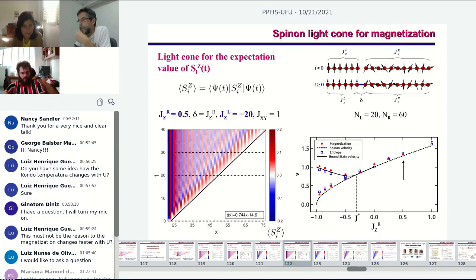Just adding a comment to what Luis just said. Would it help the numerics if you change your parameters in a way that the Kondo temperature is much, much higher? Because then the Kondo cloud would be much smaller, and maybe you could fit it inside your numerical system.